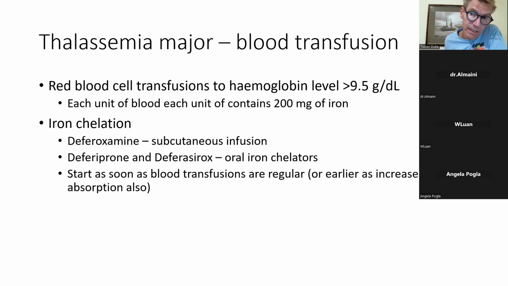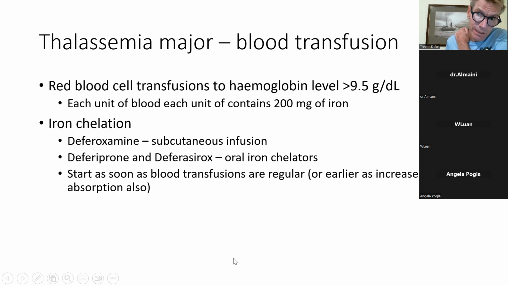And if they get early onto an iron chelating agent and they get blood transfusions that keep their hemoglobin above 9.5 grams per deciliter, that's the standard of care. And those children can do reasonably well. Of course, it's very hard to get these iron chelating agents at the moment, but that should be the standard of care.